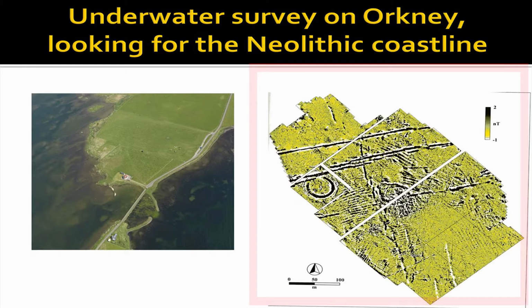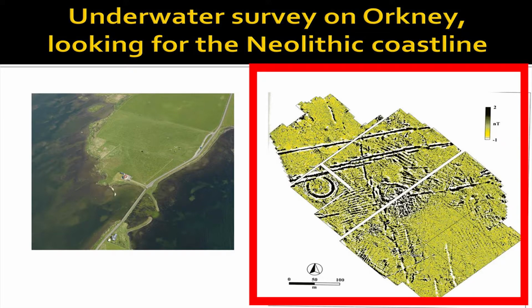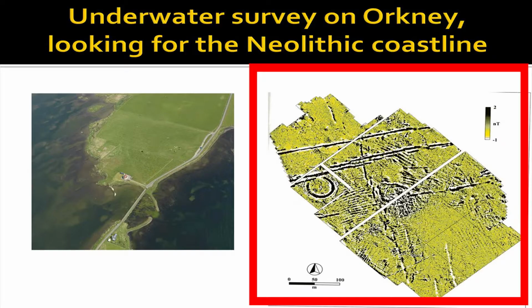Let's go for a moment to Orkney to pursue that point again, that potential combination of geophysical survey on land, over on the right, part of the very large geophysical survey carried out in this well-known area of mainland Orkney, with Barnhouse, Stones of Stenness, and now Ness of Brodgar, and that graphic on the right that I will return to.